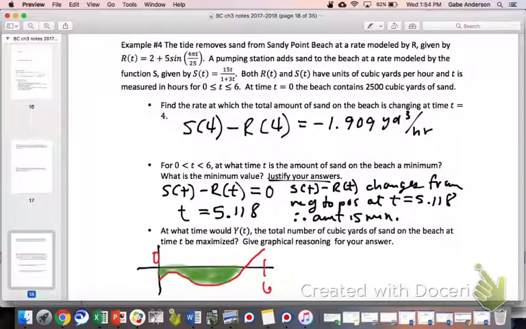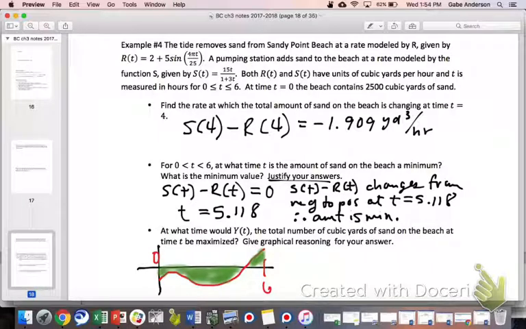In other words, the rate of sand leaving is bigger than the rate of sand coming in. So for that whole green area, wouldn't that be indicating that the amount of sand is decreasing the whole time? And then over here from that 5.118 to 6, that's where S of t would be bigger than R of t. So that little segment would be when the amount of sand is increasing.